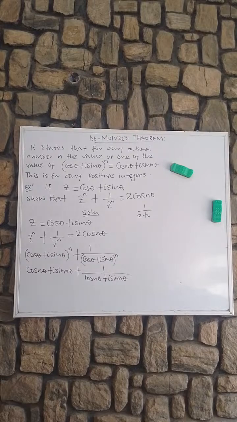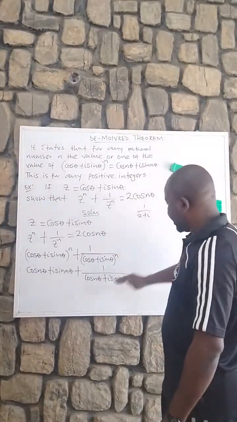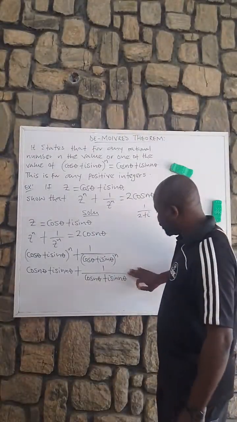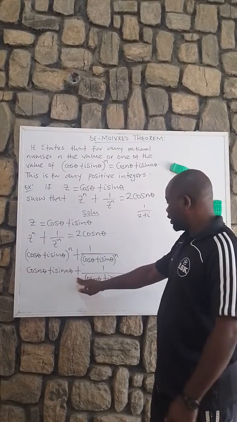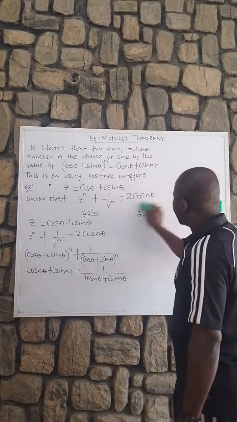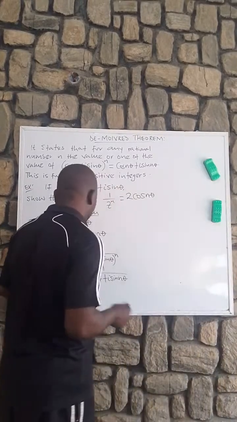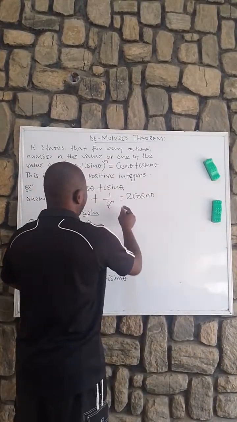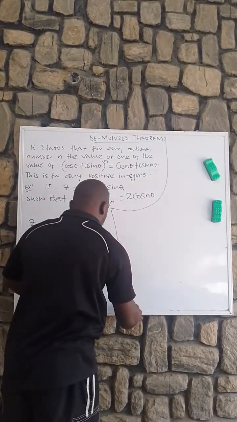Okay, as you can see now, look at it here. This and this are the same thing. So what are we going to do? We have to conjugate this. But mind you, there is plus here. So let us conjugate this. If we are to conjugate this, let's have it in this form.